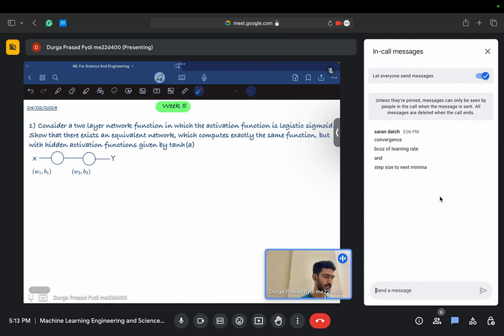Okay, now let's get started with this week. This week we introduced neural networks. What are the basic components of a neural network, apart from your input?